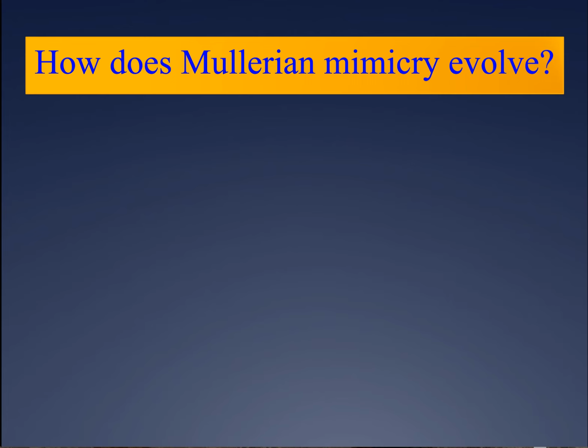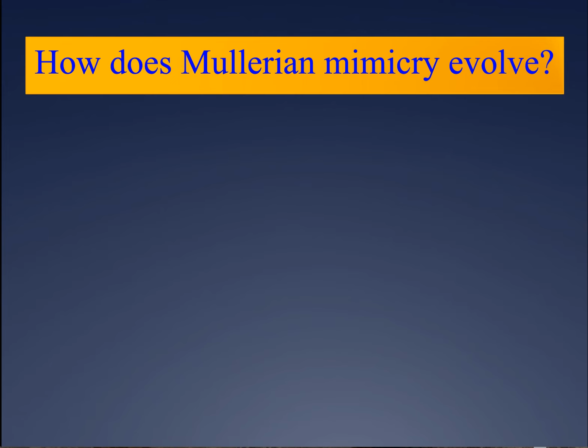How does Mullerian mimicry evolve? Well, in this case, it's very reinforcing. It's likely to evolve when some pattern has emerged as the aposematic pattern, the warning pattern. Here we were saying yellow and black banding, and that common pattern is favored. Because they're both bad dudes, there's tremendous protection.